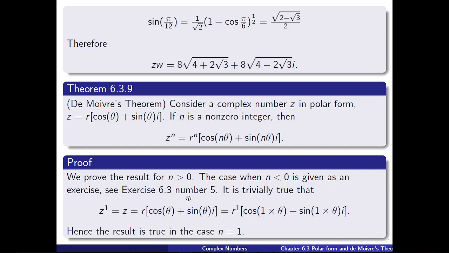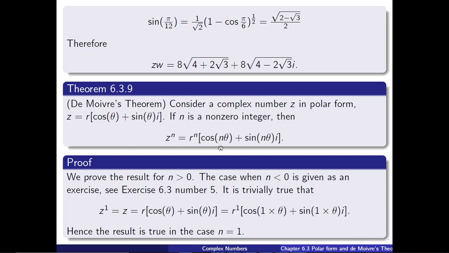We know that for n equal to 1, this is going to be true trivially, because z^1, which is equal to z, is equal to r(cos θ + i sin θ), which we can then write as r^1 (cos 1·θ + i sin 1·θ), expressing it in this way.